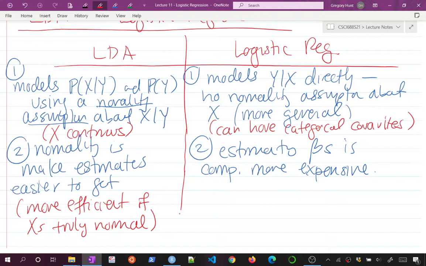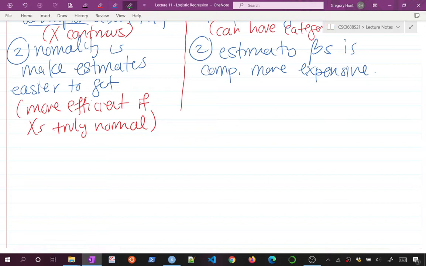In practicality, these often perform very similar to each other because they're quite similar. They're both linear classifiers, and you're estimating your coefficients in these linear classifiers.